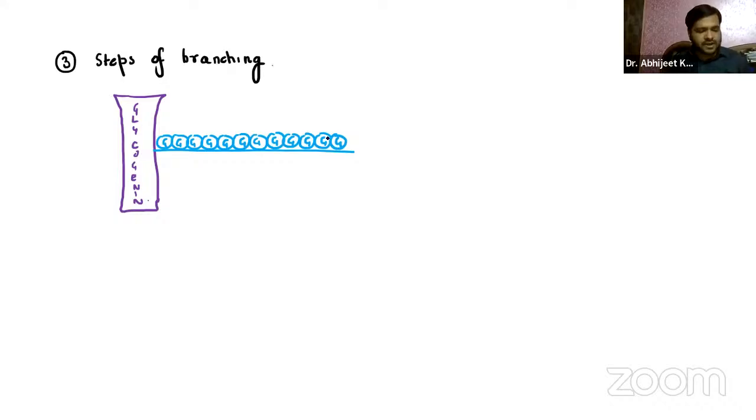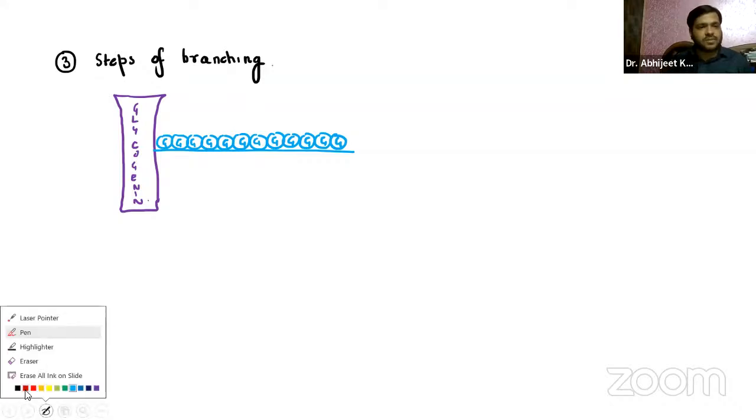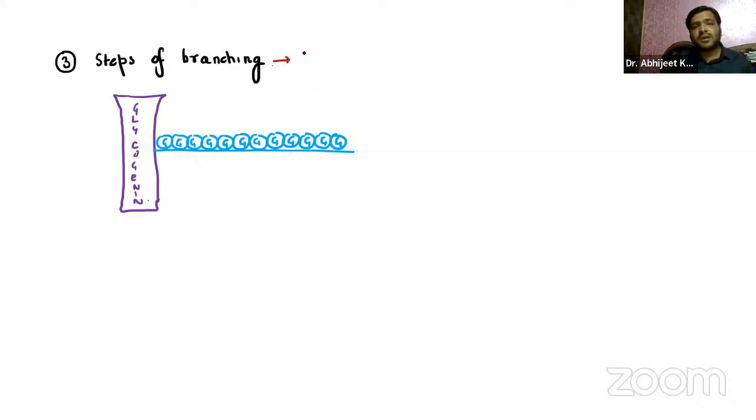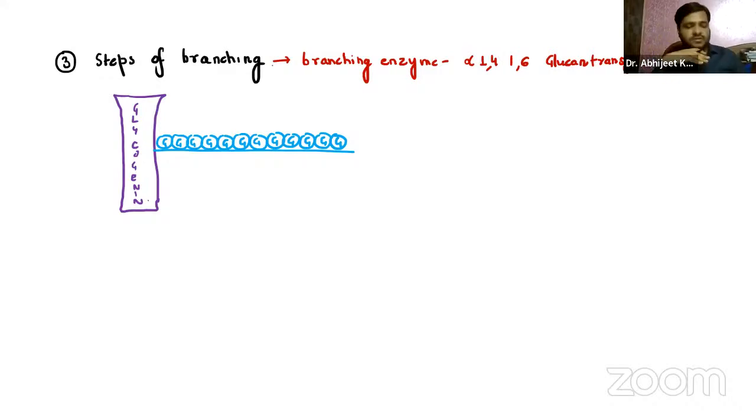Now, in the steps of branching, we have a very important enzyme, and that is called the branching enzyme, which will act now. What is this branching enzyme? It is alpha 1,4, alpha 1,6 glucan transferase. Very, very important.